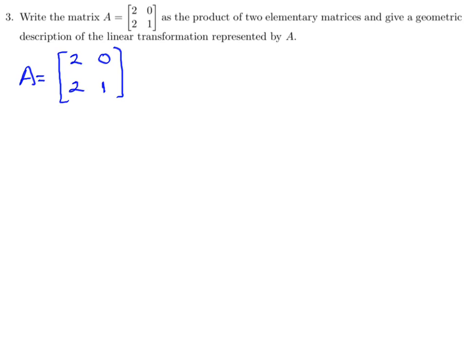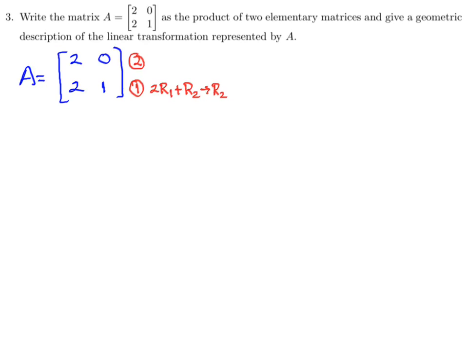The way I'm looking at it, I see that to get the second row of A from the identity matrix, I would add 2 times the first row to the second row. So that's my first elementary operation. 2 times row 1 added to row 2 gives me the new row 2.